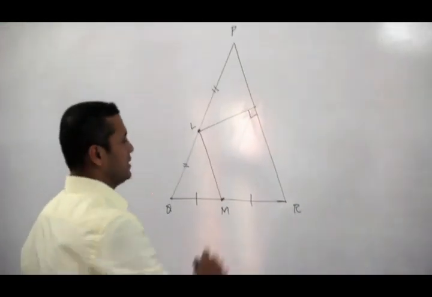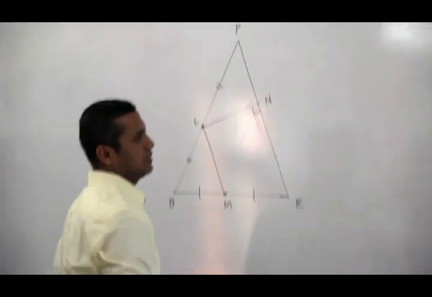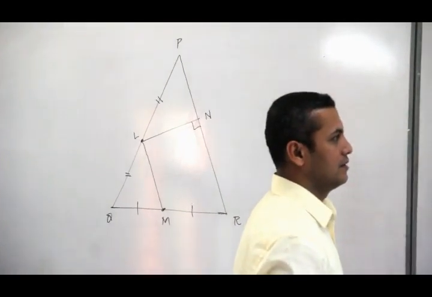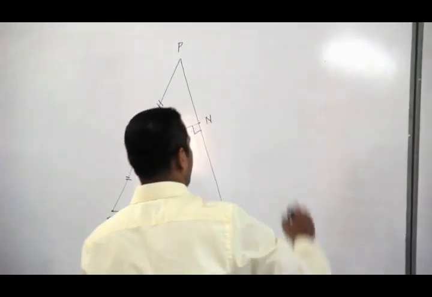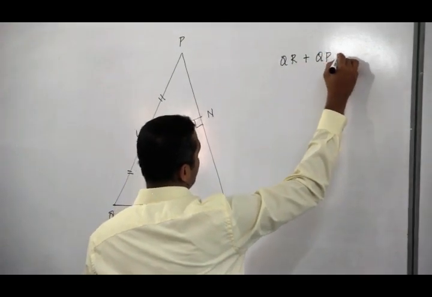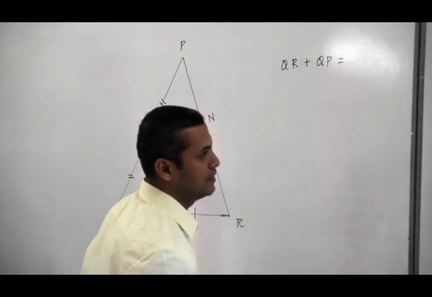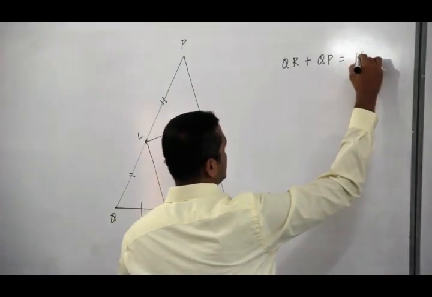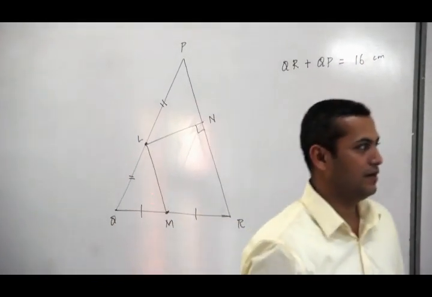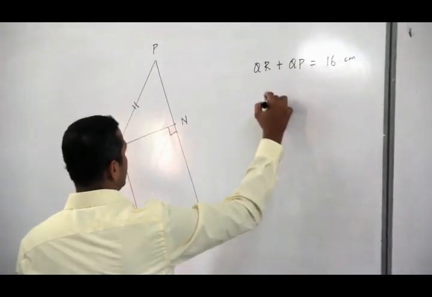The question is to find what? It is given that QR plus QP is equal to 16 centimeters. Then PR equals 2A centimeter.